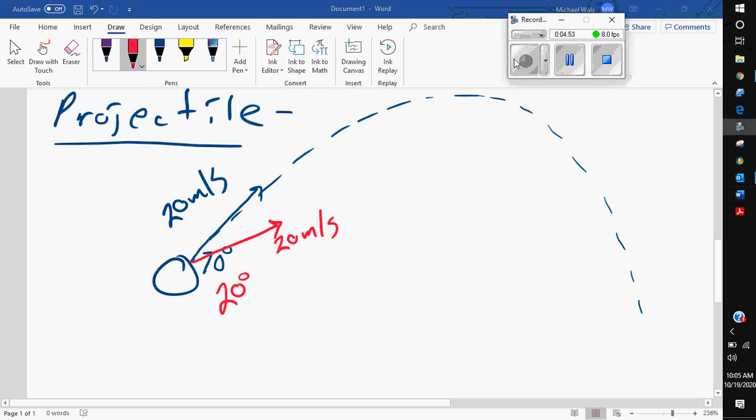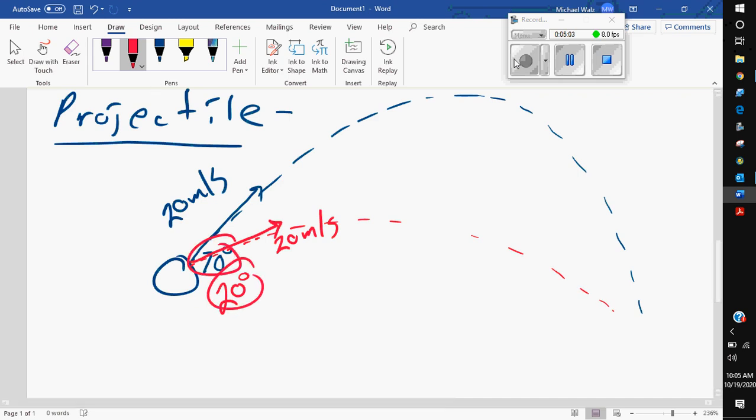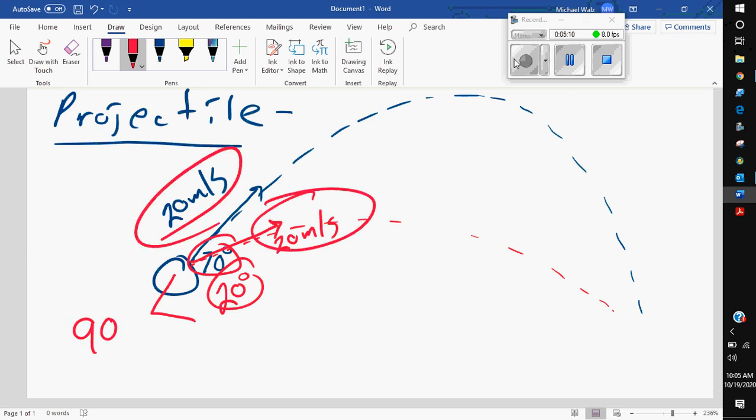Yes, it's going to land right in that spot, exactly the same, because 20 degrees plus 70 degrees equals 90 degrees. As long as you have the same speed and complementary angles, which means they add up to 90, they'll land in the same spot.